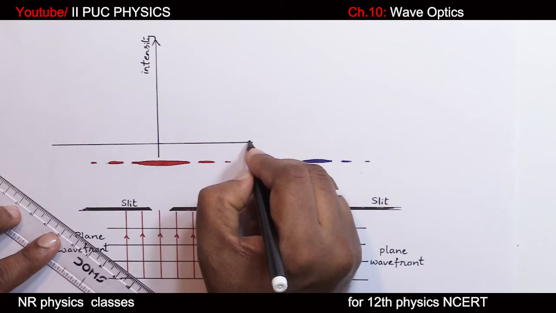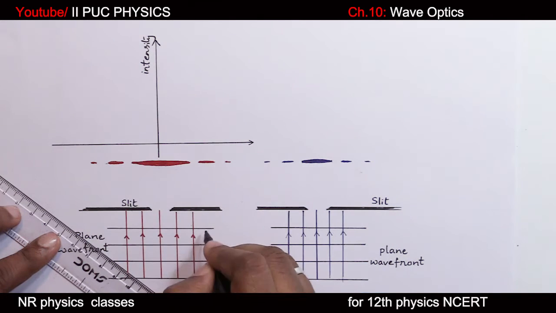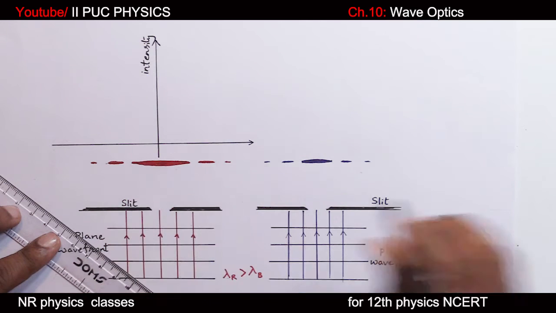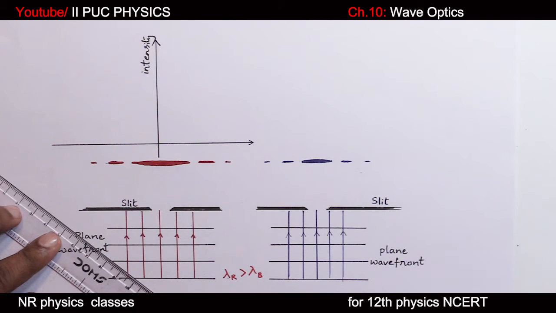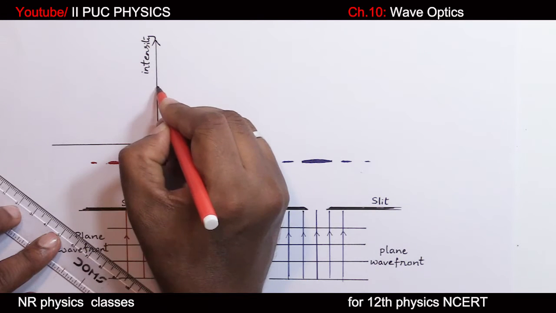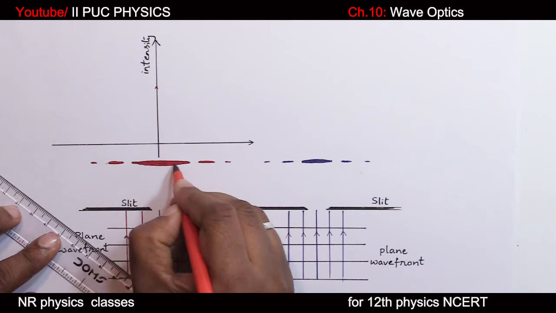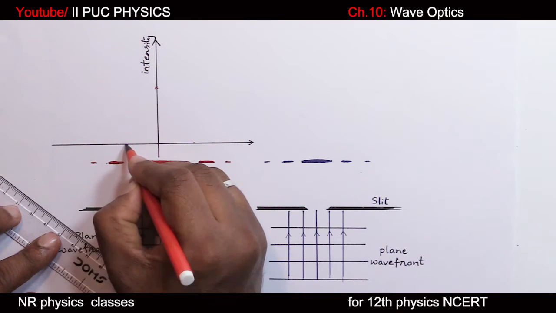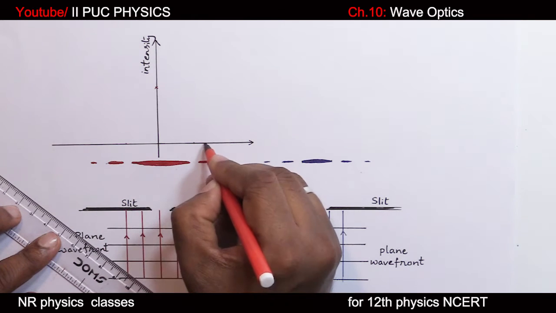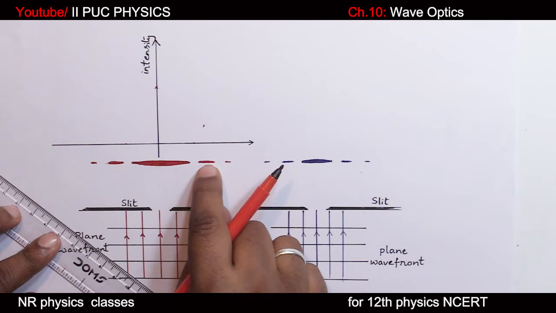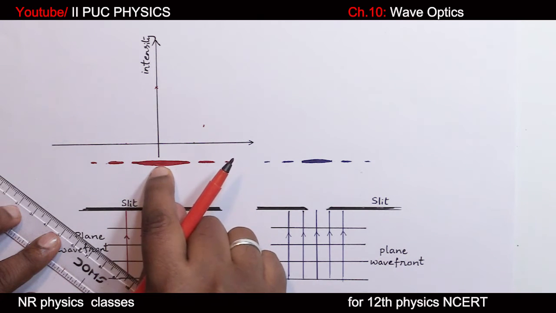For time being, let it be distance. Intensity is maximum at the center. On either side, intensity decreases till here. Again, intensity increases. But intensity at the center of the first maximum is less than the intensity at the center.